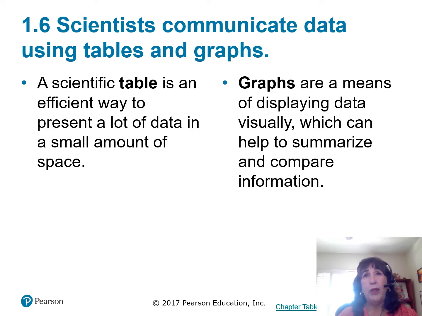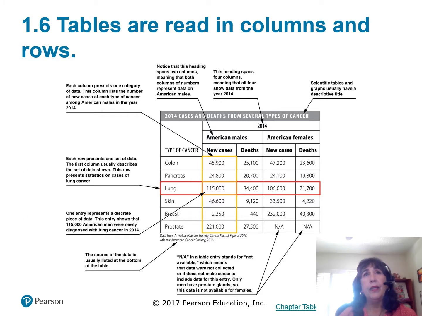Graphs are a means of displaying data visually, which can help to summarize and compare information. In this slide, you see a table with a lot of data, and you see some headings and subheadings on the top and on the side, and then you actually see a lot of data within the table itself.